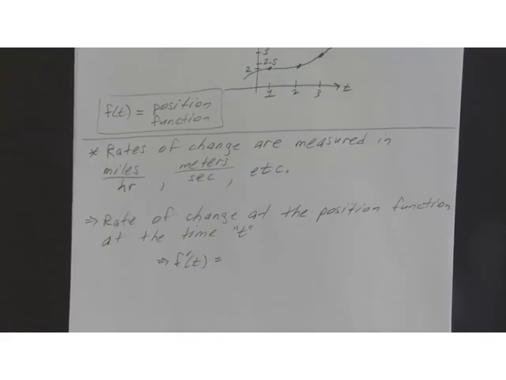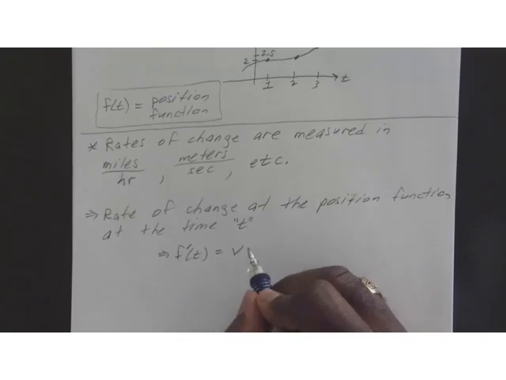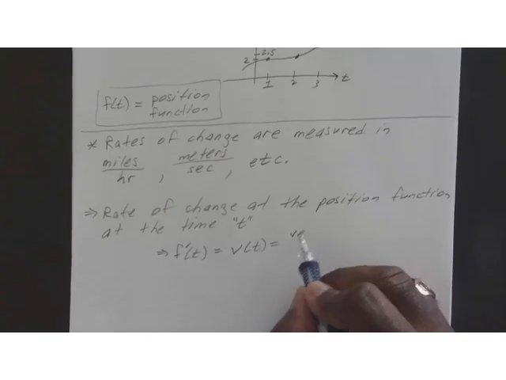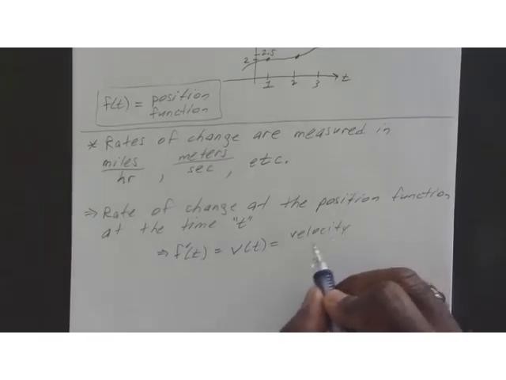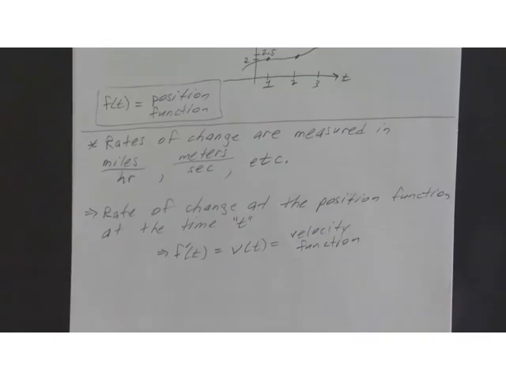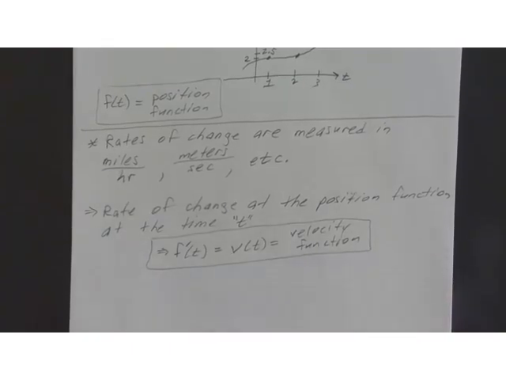Which in some cases they'll denote your first derivative as v of t, or your velocity function. And I say sometimes because every once in a while they'll try to be tricky. And instead of saying v of t is your velocity function, they'll say f of t is your velocity function. So they will try and trip you up a little bit.